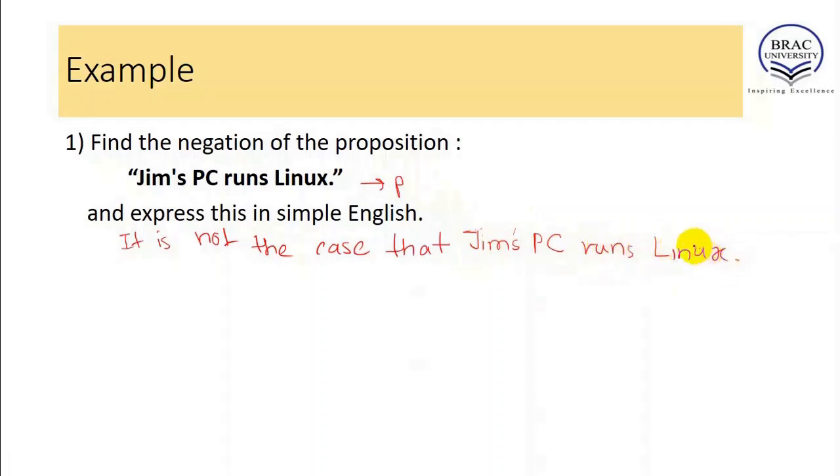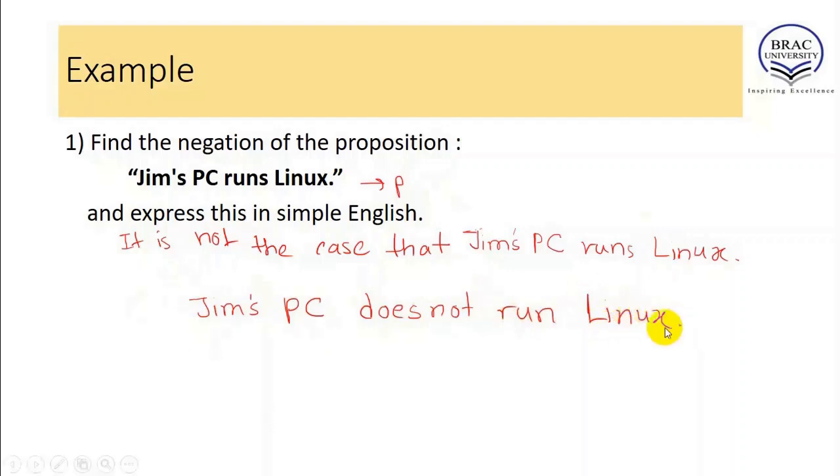So this is the negation of P, but we have to express this in simple English also. So we can write something like this: Jim's PC does not run Linux. I hope you understand.